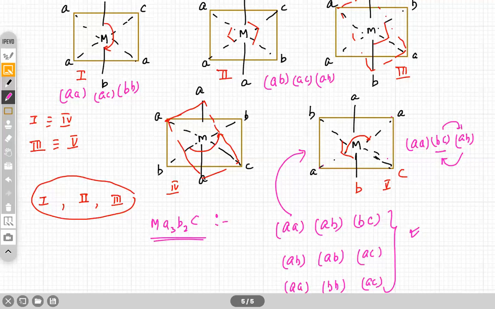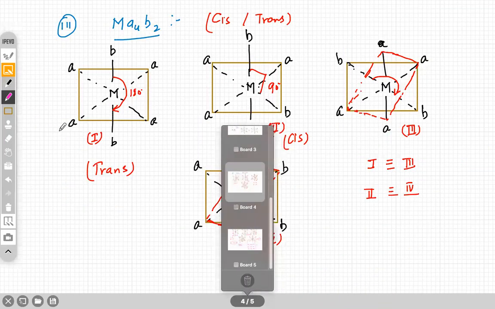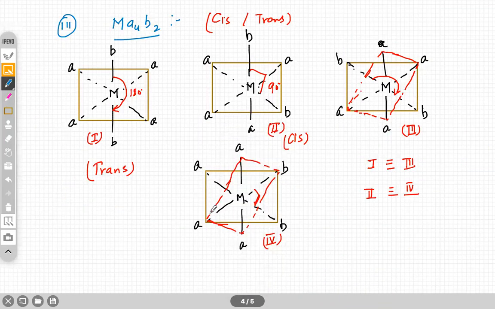If you go back and do it for the other molecules, that is also fine. For this one, consider A4 and B2. What can we write? We can write AA, again AA, and BB.